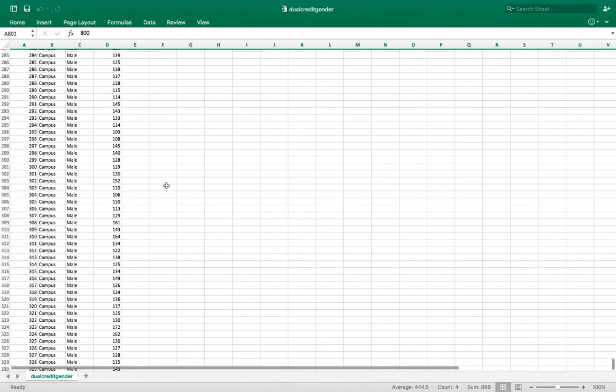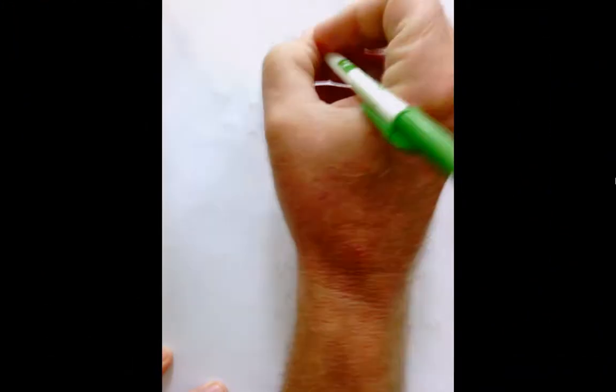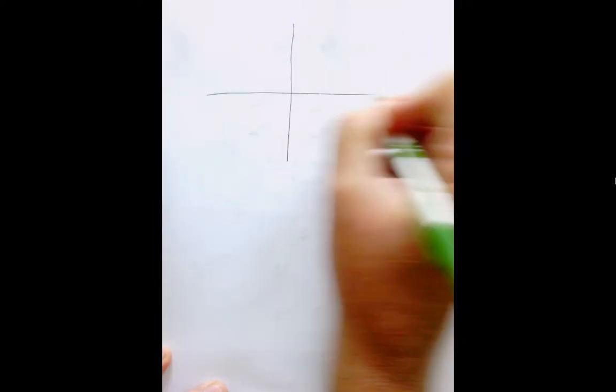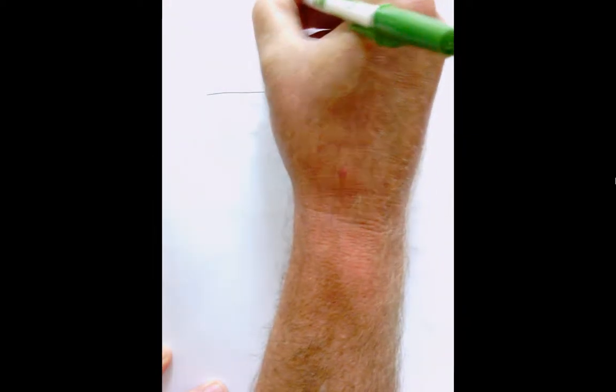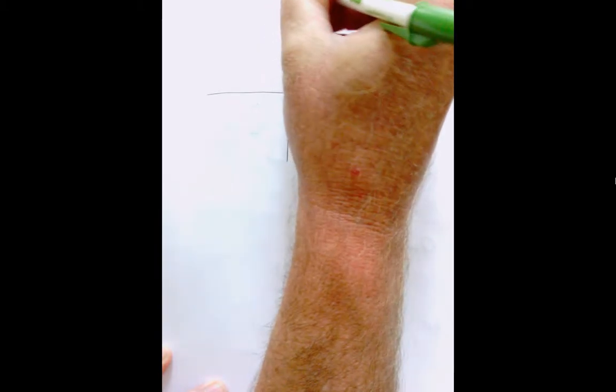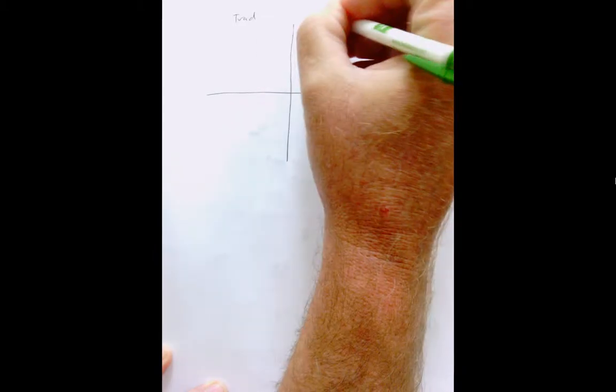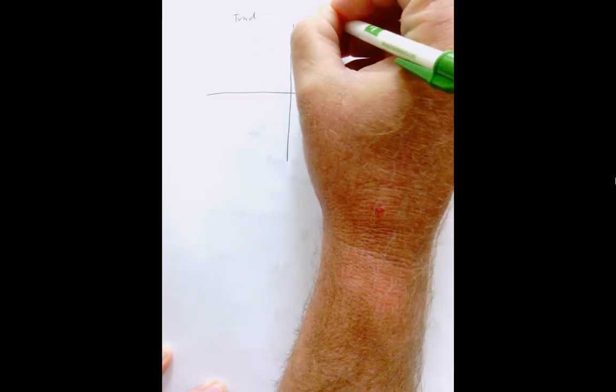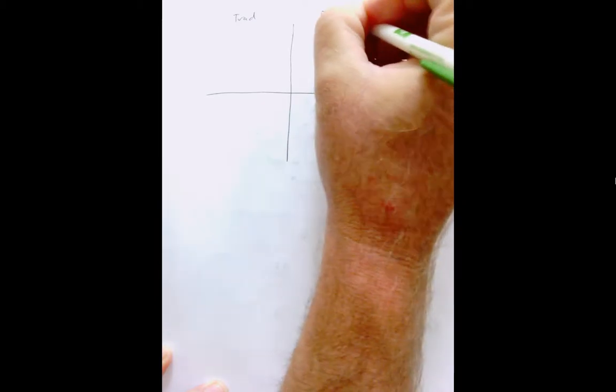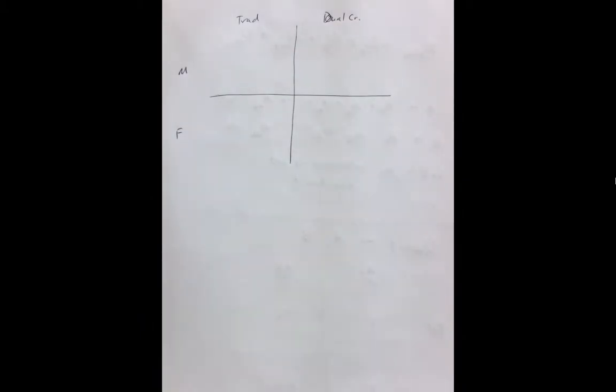Now, to go back over and take a look at this, what we've got here is the instruction, traditional on campus, and dual credit. And we want to look at that across genders, obviously male and female, okay?